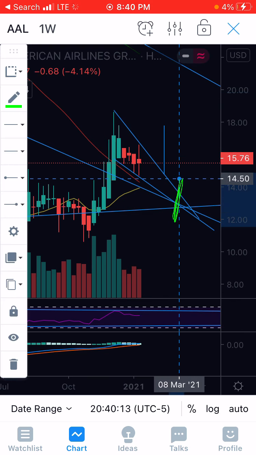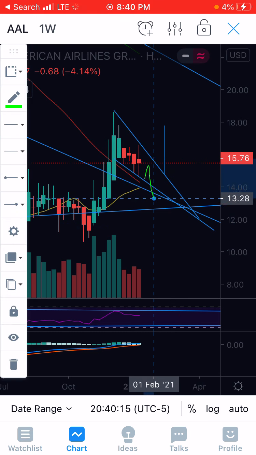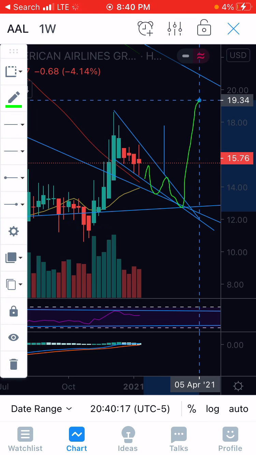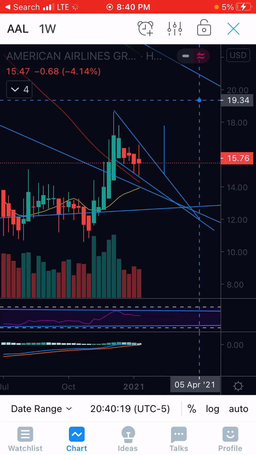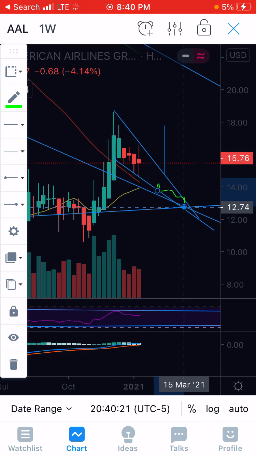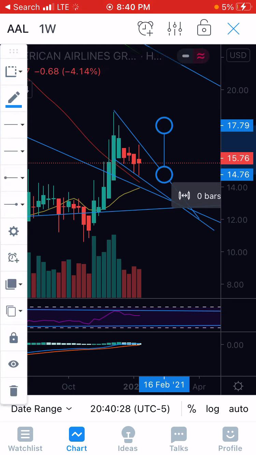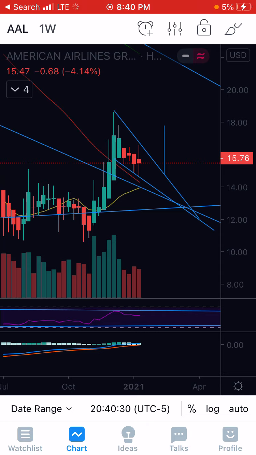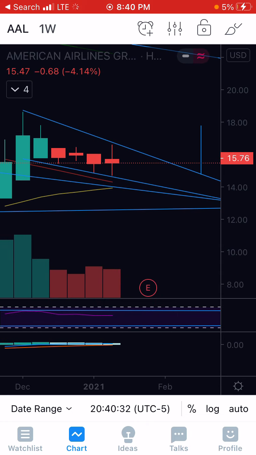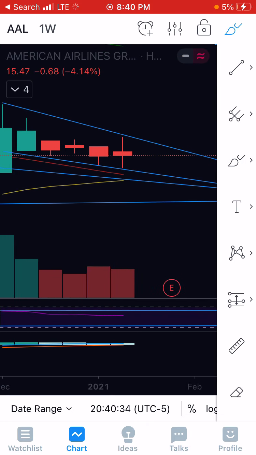Occasionally you'll get it at the end, but normally the longer it takes to get out of here, the bigger the blast off if it actually takes off, because you get consolidation so much in here. But unfortunately, for the most part, when you get down into that end of the apex like that, you actually end up breaking down.